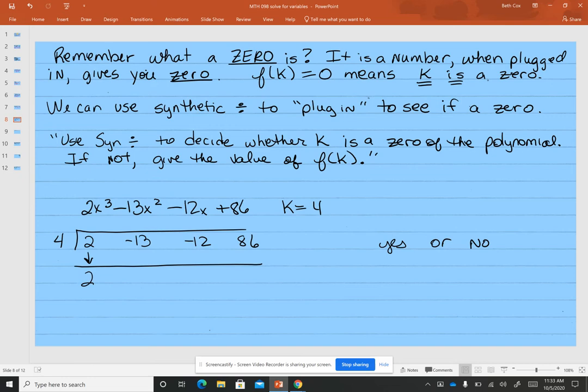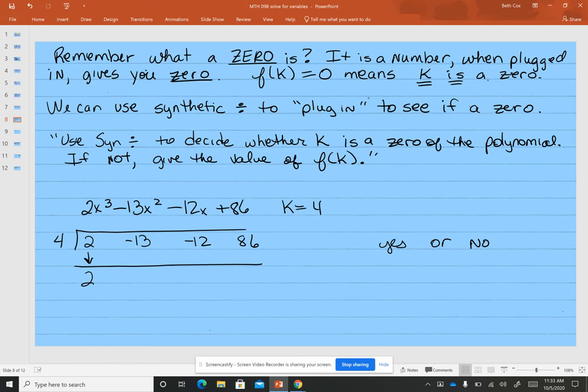Okay, and remember, synthetic division helps us find numbers that we plug in. We can either do synthetic division or we can plug them in, either way, to find out if something is a 0 or not. Now, the advantage of doing synthetic division is what you get in what those other numbers are that you get.